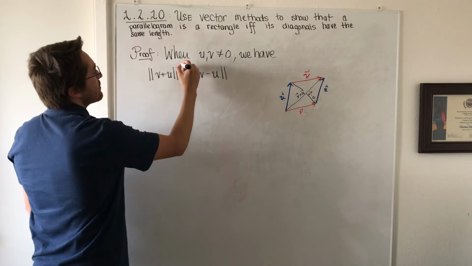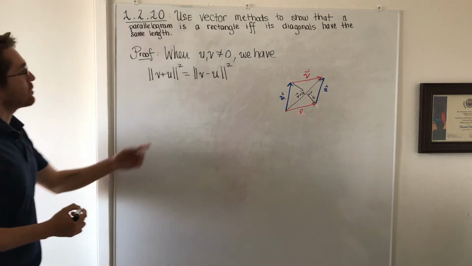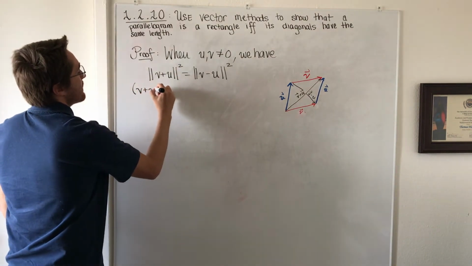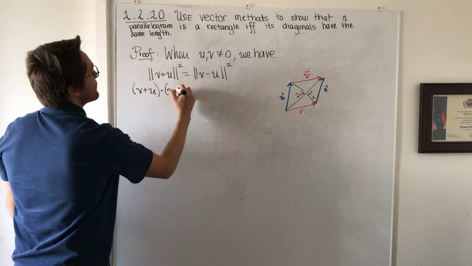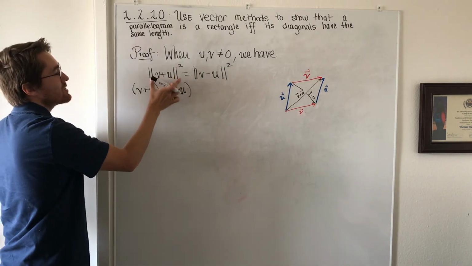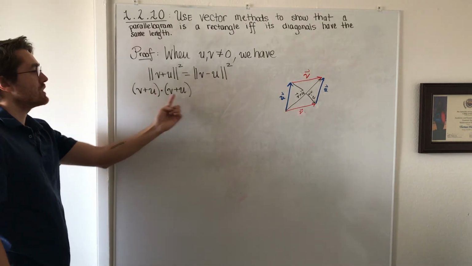well, if these were equal, their squares would be equal, right? Okay, so we know that the square of a norm is just the dot product of the vector with itself. So if I'm squaring this norm, v plus u norm squared, then that's really just this vector, v plus u, dotted with itself.